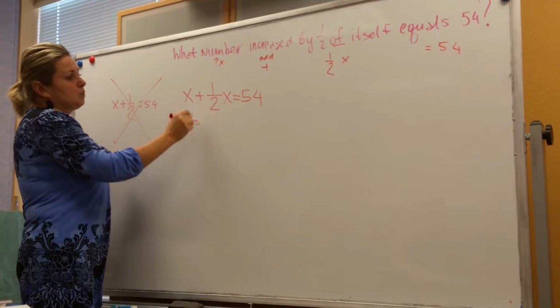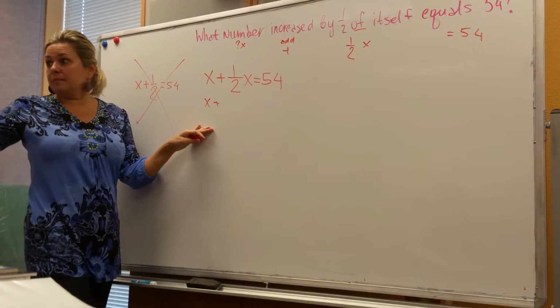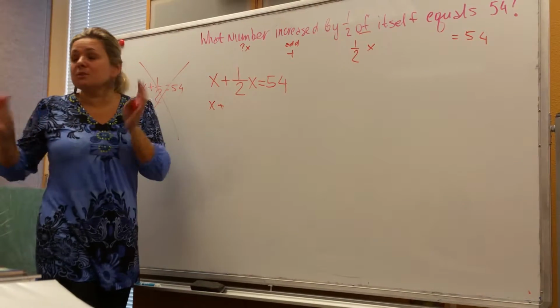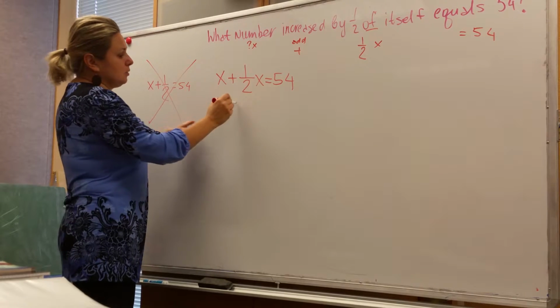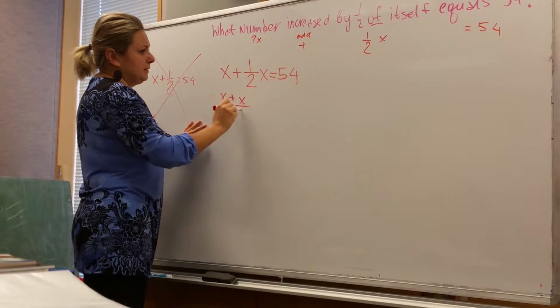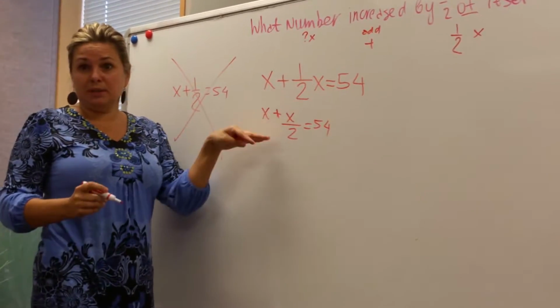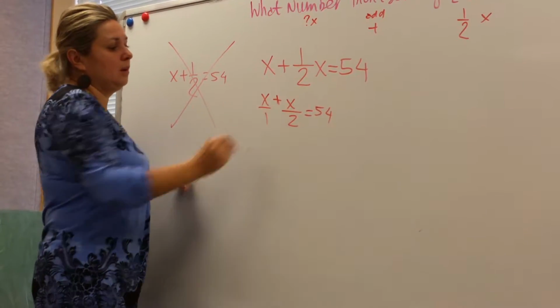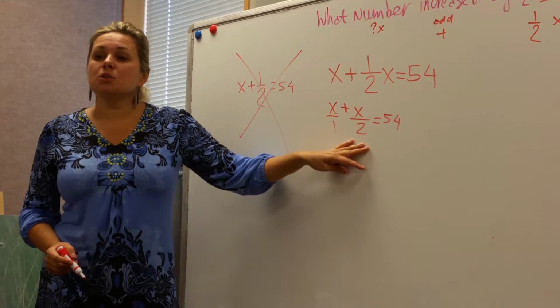What is the other way to rewrite 1/2 X? X over 2. Never do decimals with me. They frustrate me. They repulse me. X over 2 equals 54. We will bring them to the common denominator of 2.